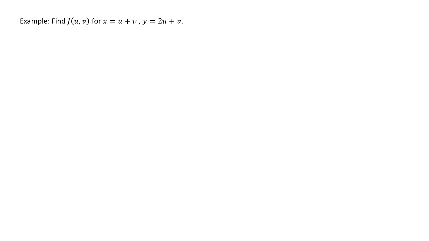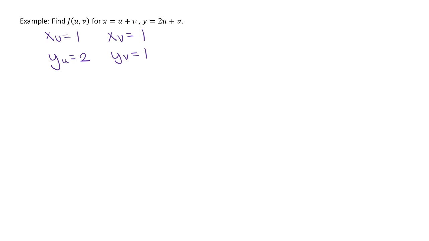So for example, if I want to find the Jacobian for the transformation x equals u plus v, y equals 2u plus v, I can use the exact same process. I'm going to find my derivatives. So derivative of x with respect to u is 1. X sub v is 1. Derivative of y with respect to u is 2.